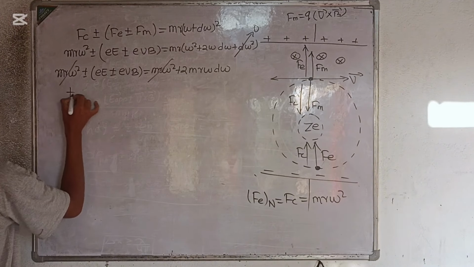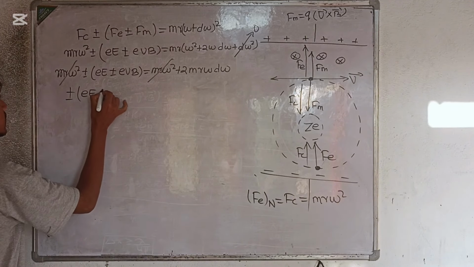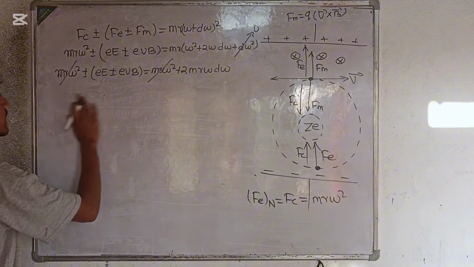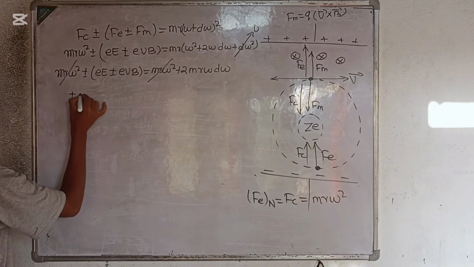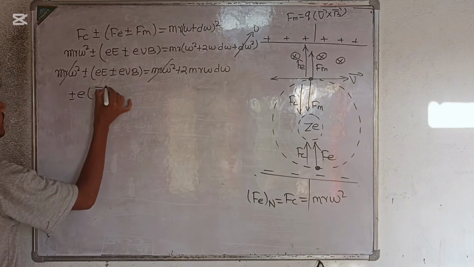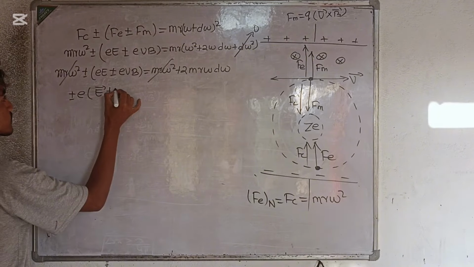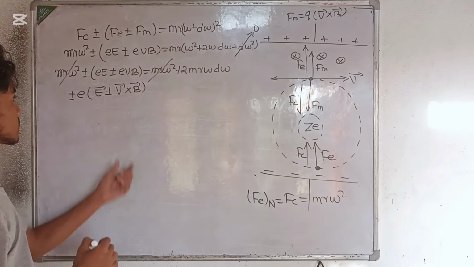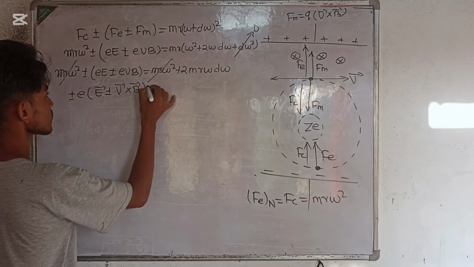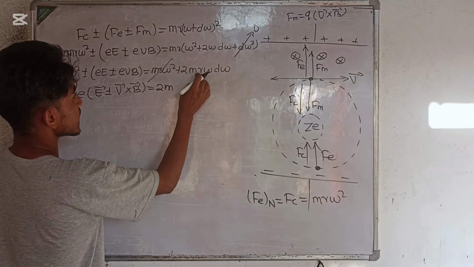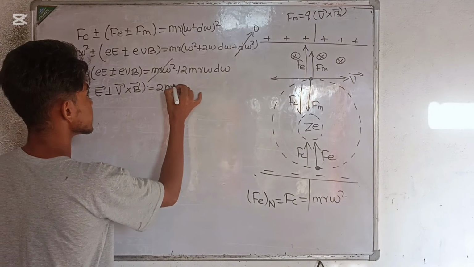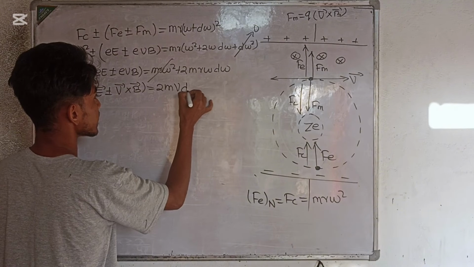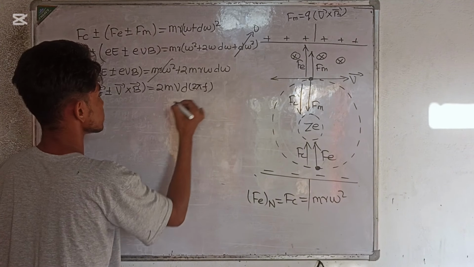So this would end up getting plus minus eE plus minus. If I take e common, I am writing E vector, plus minus v cross B vector, and this is 2m, and r omega is nothing but the linear velocity of the particle, and you can write d omega is 2 pi df.